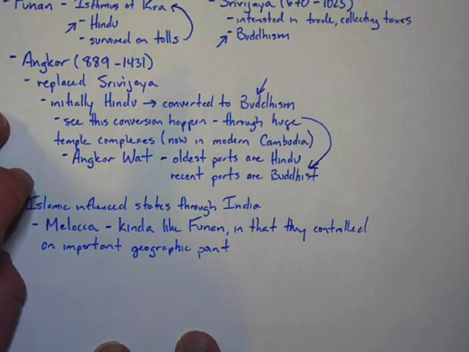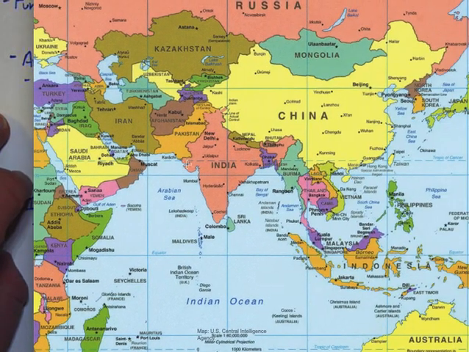Malacca, on the other hand, controlled this long way around. And so basically, the ships of Malacca kind of patrolled this area and forced ships to go through here and forced them to pay a toll to Malacca.